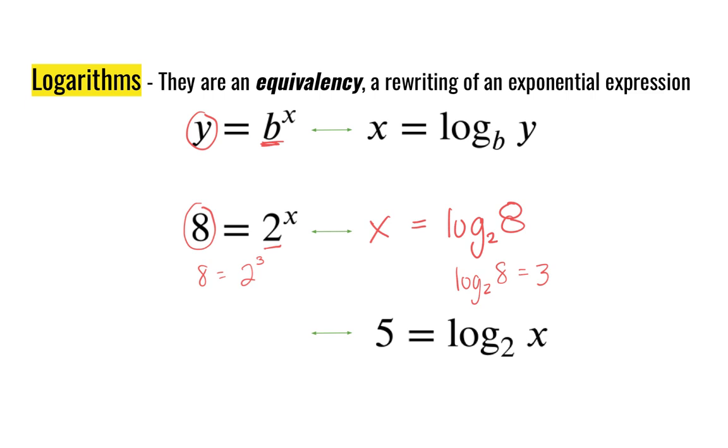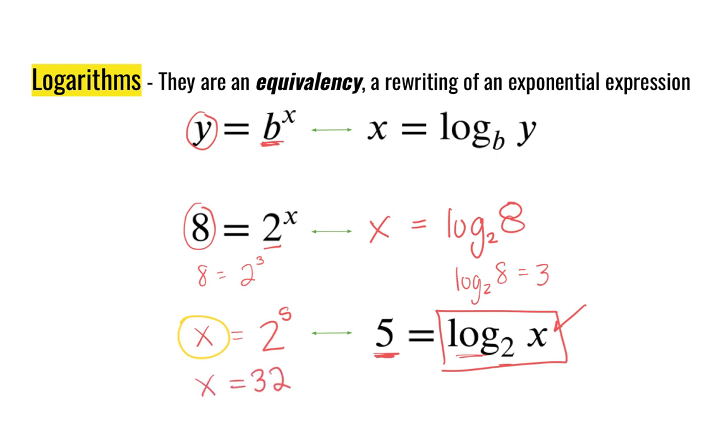So now let's do this backwards. Now we have 5 over here equals the logarithm with a base of 2. So that means that there's a base of 2. This is the exponent, and this is going to be equal to x. So if you're given an expression with a logarithm that has the variable in it, rewriting that as an exponential equation can be helpful, because now that's allowed me to isolate my variable, and I can go ahead and solve this, and 2 to the 5th power is 32.